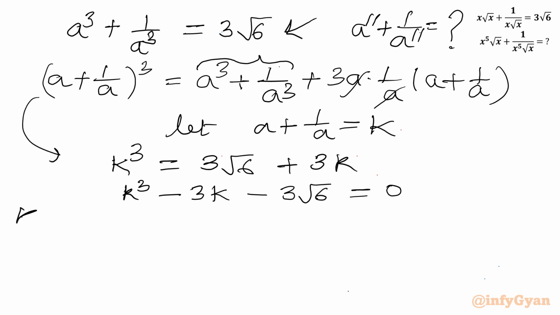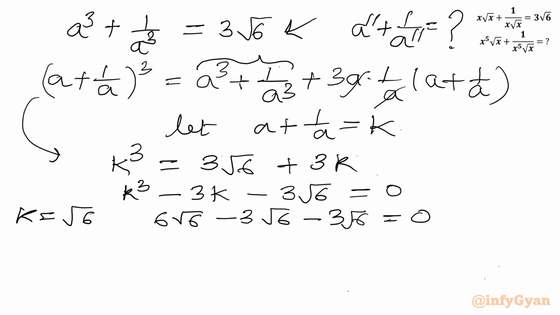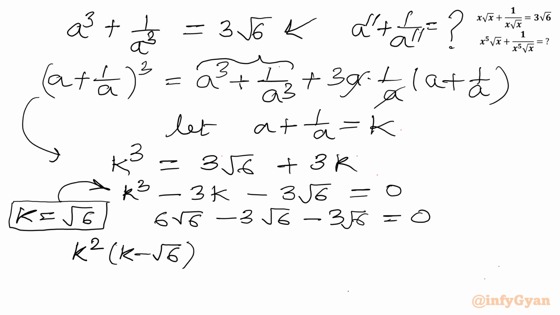If I apply k equal to root 6, see what will come out. K cube will be 6 root 6, minus 3 root 6, minus 3 root 6. So it is satisfying the equation. That means k equal to root 6 is one solution to this cubic equation, or k minus root 6 is one factor. So let us write our cubic equation as k square times k minus root 6, remainder theorem.